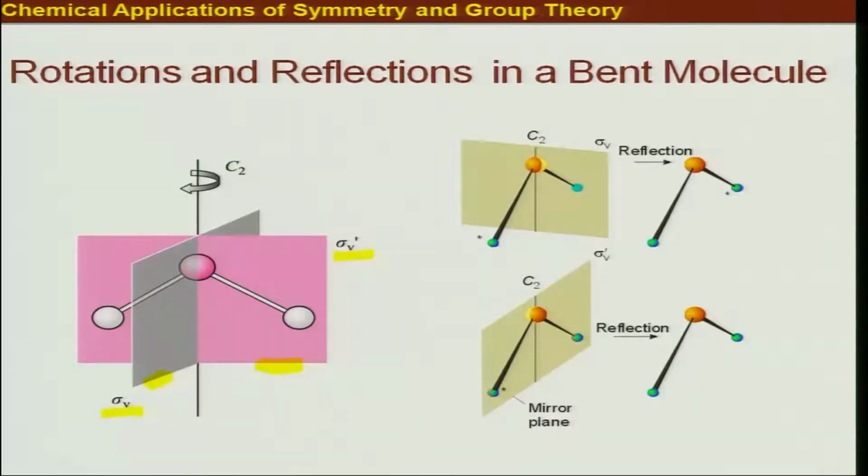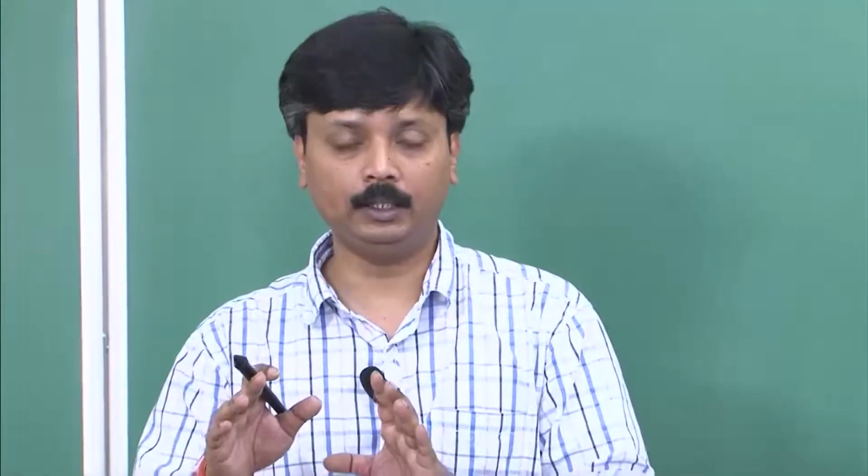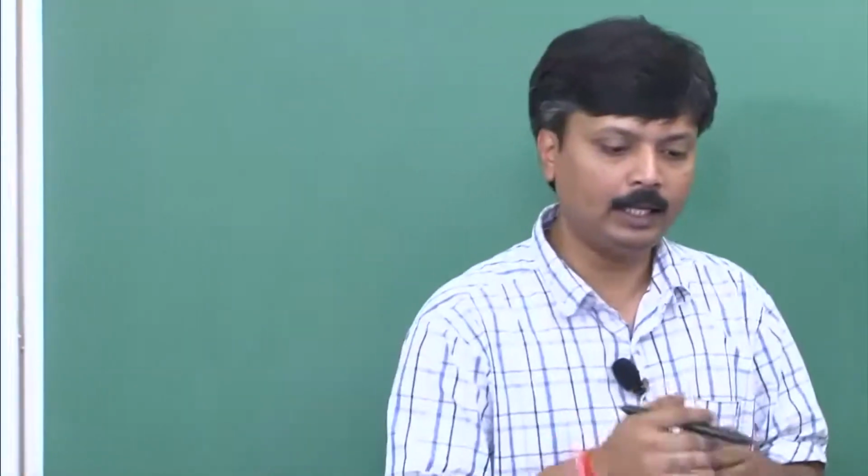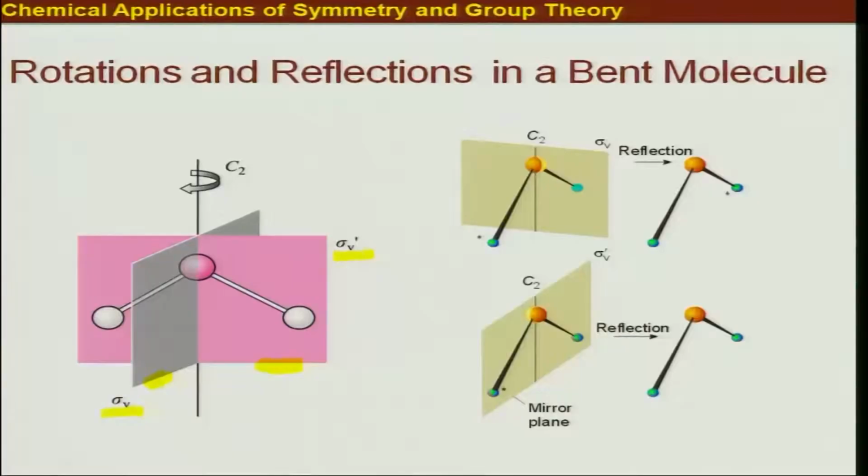If you are not distinguishing two different sigma v's, they will have different functions. Look at this structure again: the sigma v will cut this molecule into two halves, where each half will have half portion of the oxygen, and one H. Similarly, the other half will have the same thing.